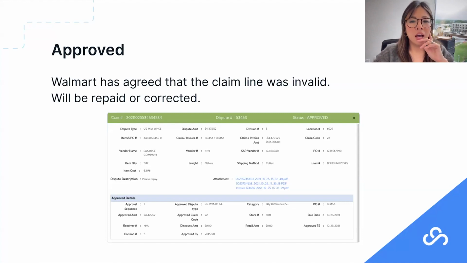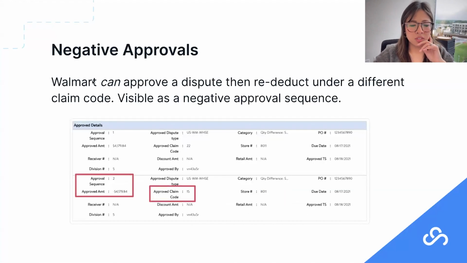Something else that I wanted to call out is something called negative approvals. This is a fairly new phenomenon for Walmart, although we have started to see it crop up a little more over time. Essentially, you can see here in the approved details, if you look at the approval sequence, you'll see 1 and then 2.